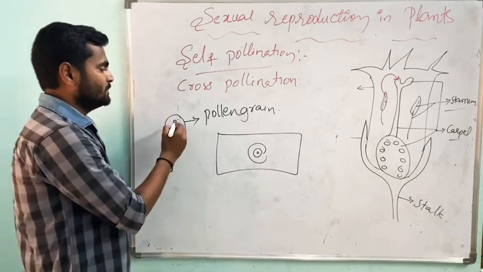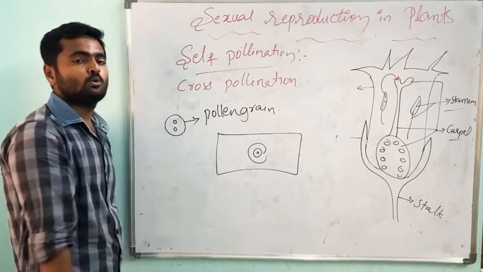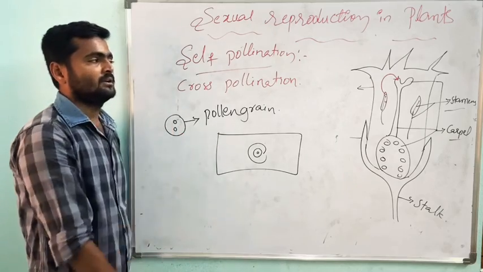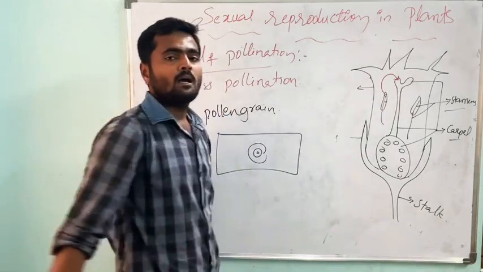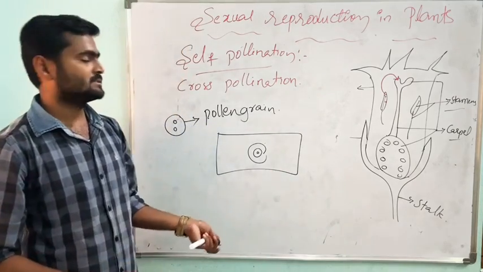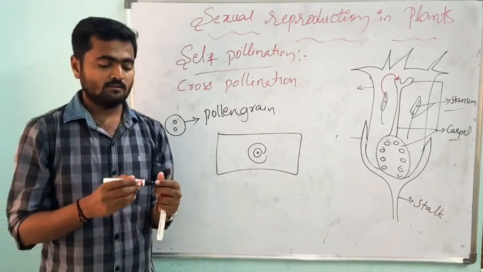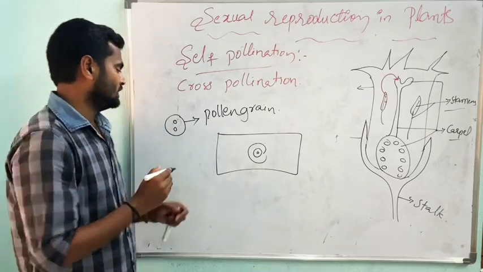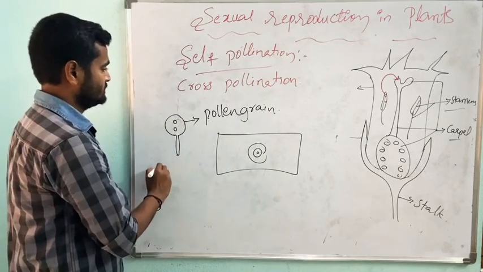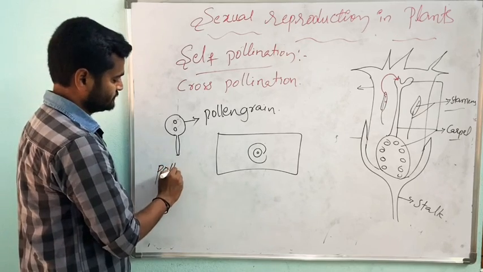These pollen grains contain 2 male nuclei inside. And these pollen grains reach the stigma, and whenever the conditions are favorable, the pollen grains germinate and produce a pollen tube. So this is the pollen tube.